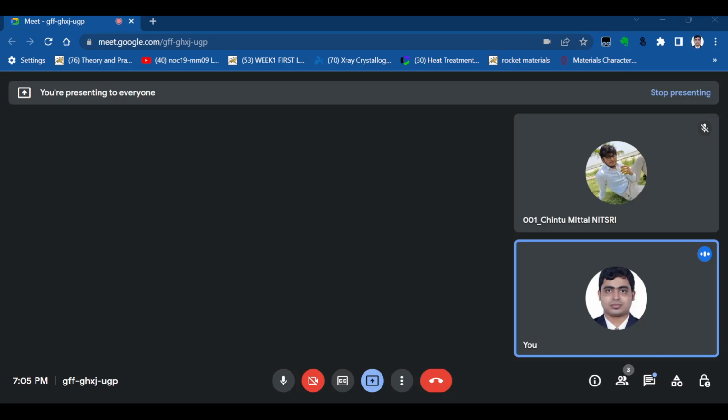So from here you can already see this relation: sigma max minus sigma minimum divided by 2. That means this radius. Okay, this is your tau max. So everyone got this?